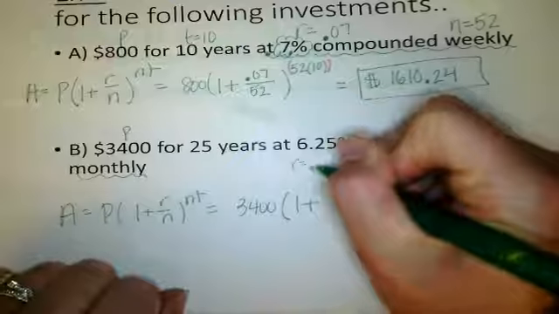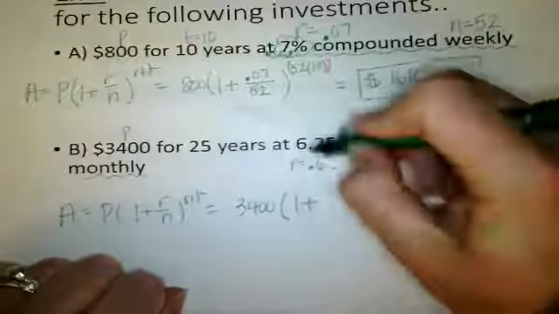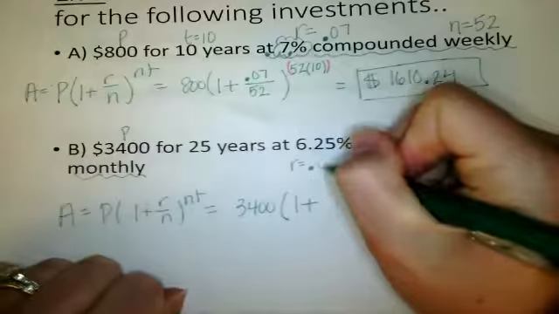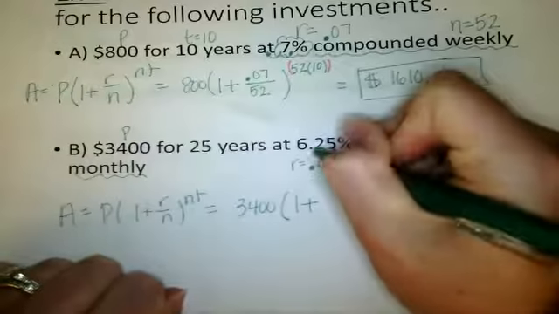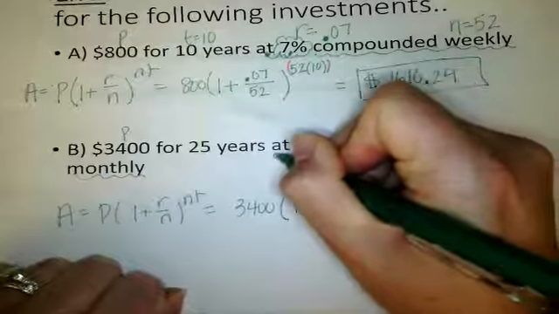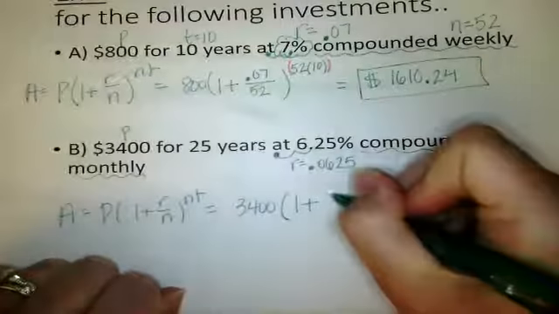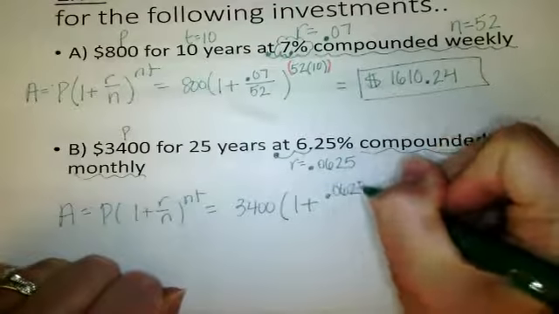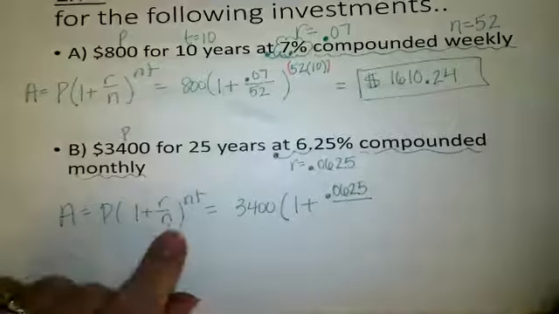Yeah, 0.0625. Again, that decimal moves 2 places, 2 bunny hops. 0.0625 over, what's N?